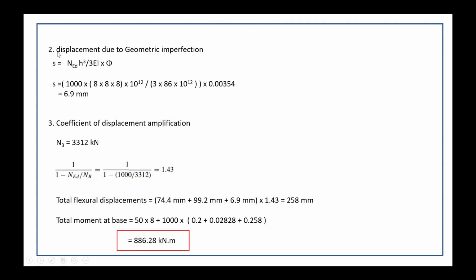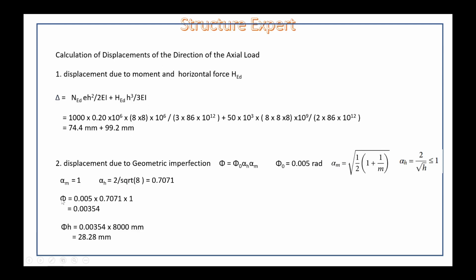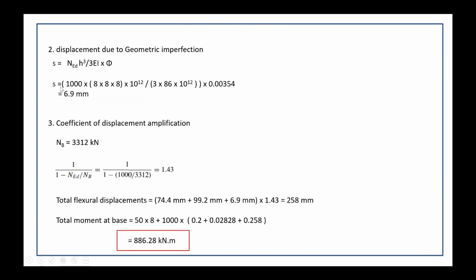Now continue to the displacement due to geometric imperfection. S is equal to NEd multiplied by h power 3 over 3 EI multiplied by phi. This one is phi. We calculate the inclination due to geometric imperfection.